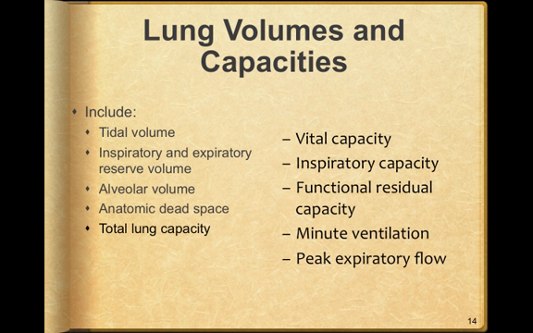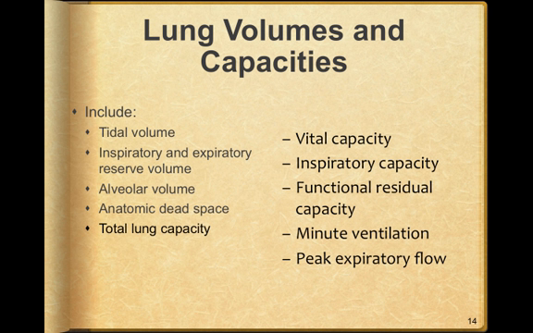Total lung capacity is essentially your tidal volume, or your normal respirations, plus the sum of the inspiratory and expiratory reserve volumes. Vital capacity, we'll talk about that. That's a lot easier to see with the graphic. Inspiratory capacity, same with the graphic. Functional residual capacity is the leftover functioning air or space that would be left over.